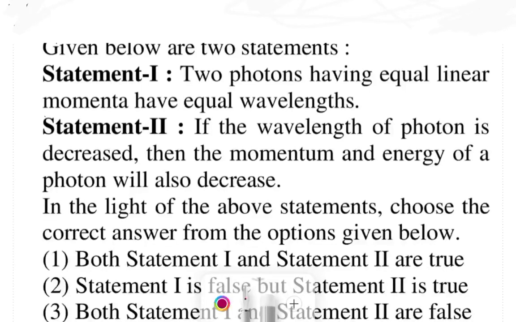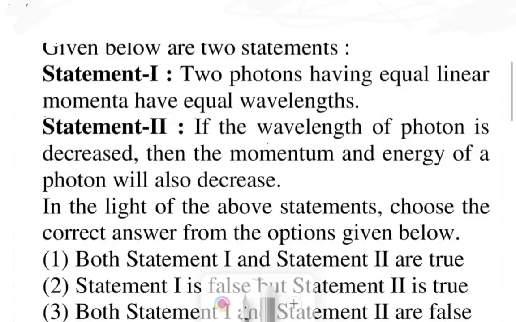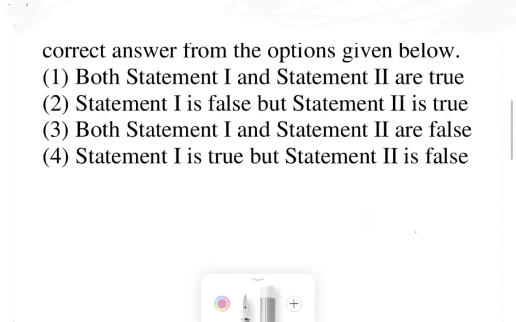Statement number 2 relates wavelength, which is lambda, and momentum, which is p, and also energy. It says energy will decrease and momentum will decrease as lambda decreases. So let us analyze both statements individually, and then we will get it by the formula.